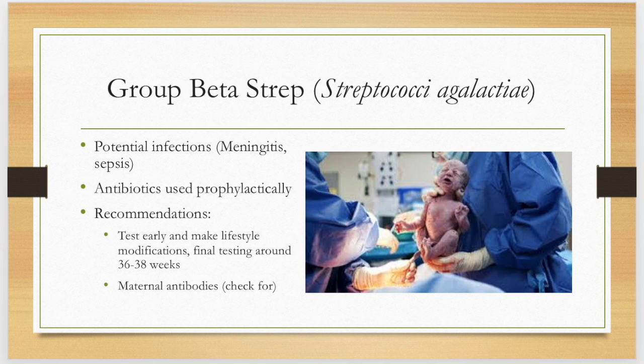Their immune systems are not mature enough to handle it. So the recommended protocol is to give 2 to 3 units of ampicillin intravenously while in labor. Now that recommendation can change based on different outcomes, but that is the general protocol for anyone who is GBS positive and in labor.